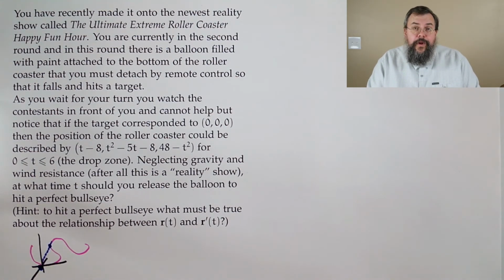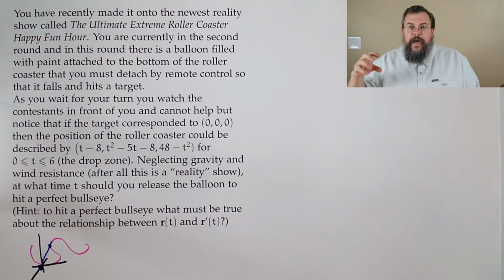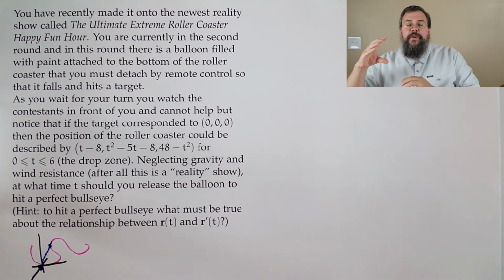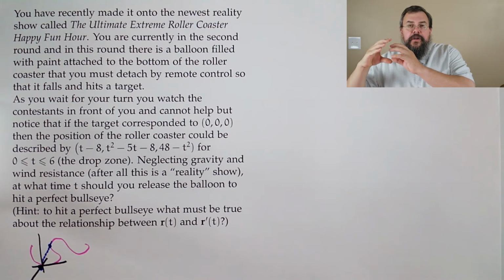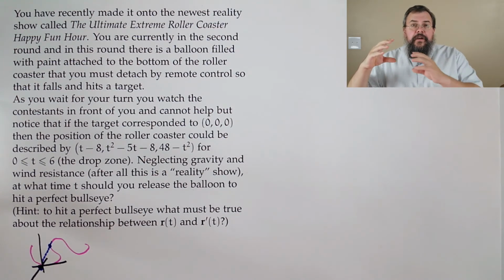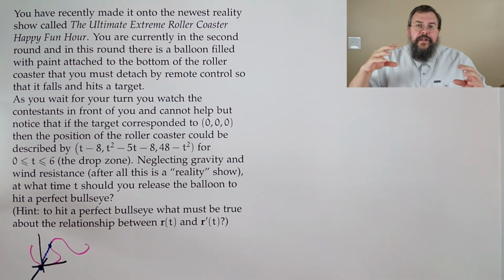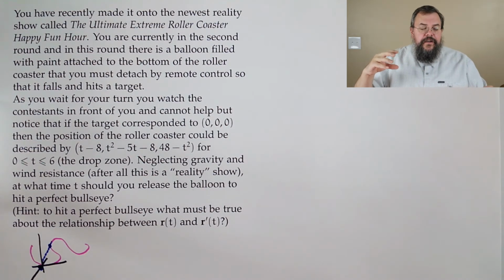Now, let's think about how this works geometrically. What happens when you release the balloon? Well, the balloon moves in the same direction of motion it was going at the time of release. It's probably like a law of motion: something continues to act in its current motion unless acted on by an outside force. So it just goes in a straight line.